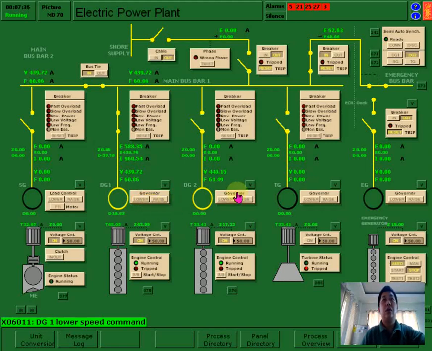The voltage here in the incoming generator, as per correct procedure, must be higher than the generator already running. As you can see, it's not yet ready. So I will reduce a little bit this frequency. It's too much frequency of digital.